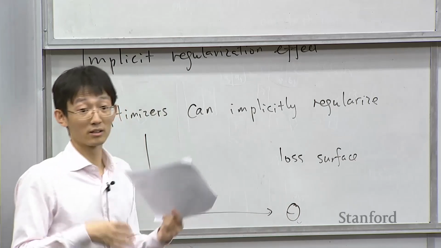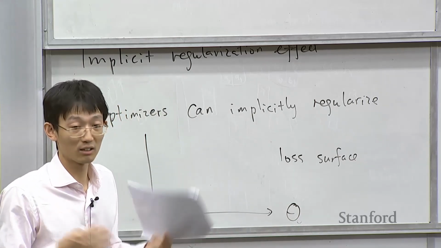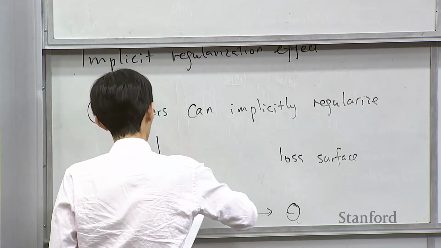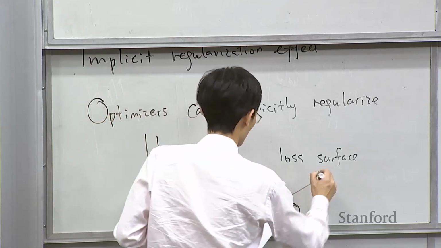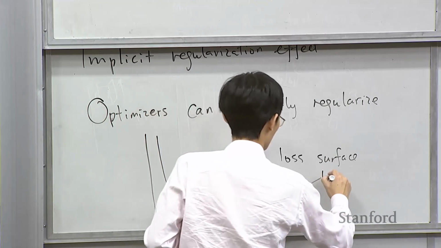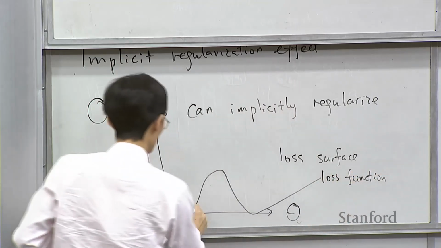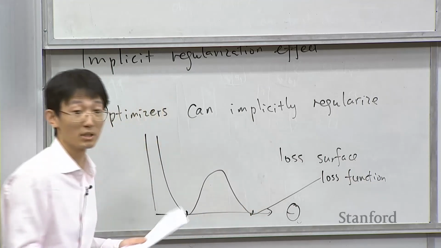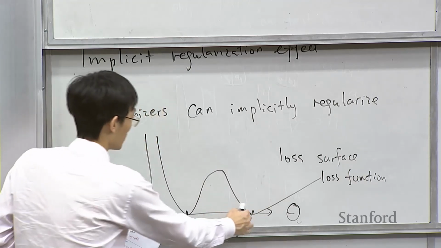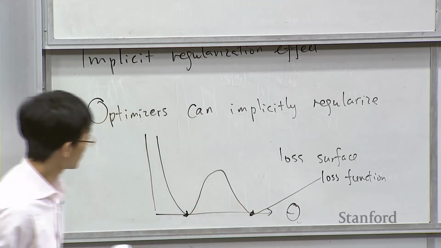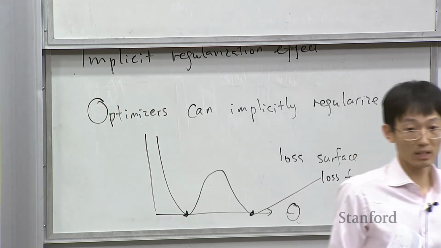Because we are in this deep learning setting with nonlinear models and a non-convex loss function, maybe the loss function looks like this. And maybe you have multiple global minima of your loss function. So this is a global minimum, this is a global minimum.